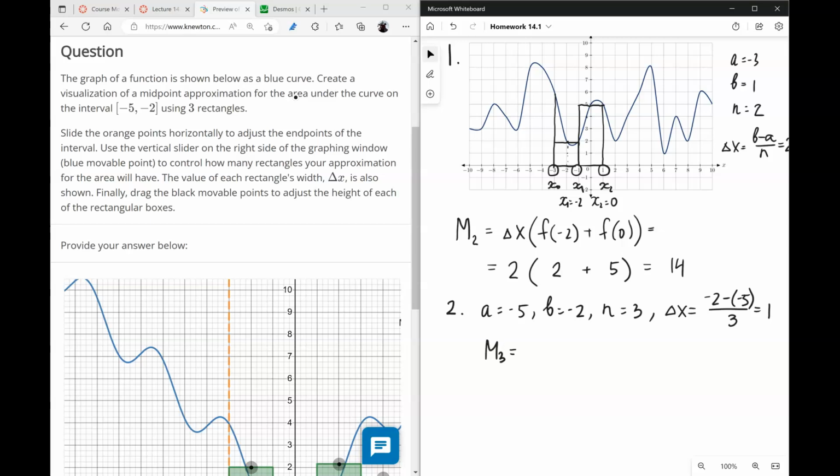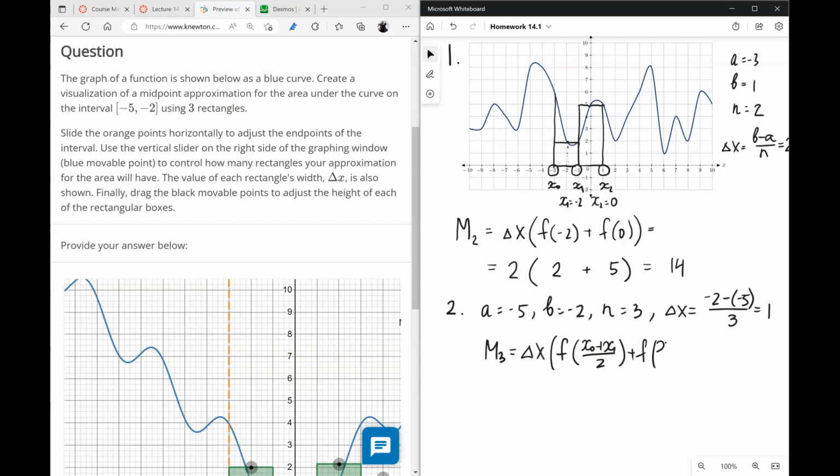So M3 will be equal to delta x, and here we're going to take f of the first midpoint, which is the average of x0 and x1, and so on.